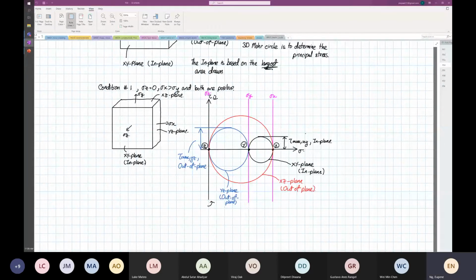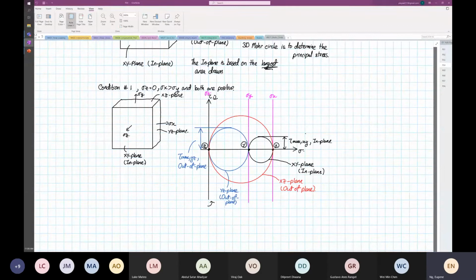Okay. And now this is the bigger circle, and when we design our structure, it has to be based on the biggest circle, not on your in plane. You see the problem now, right? If you just consider an in plane, your structure will fail, right? Because the tau max is the minimum.